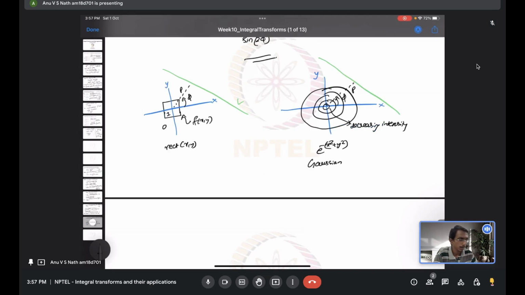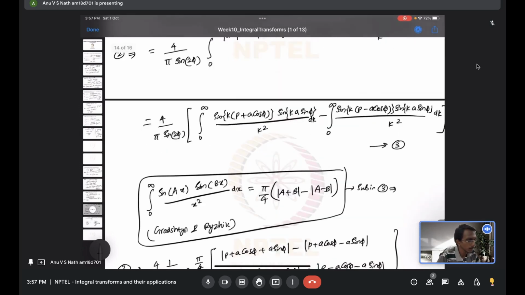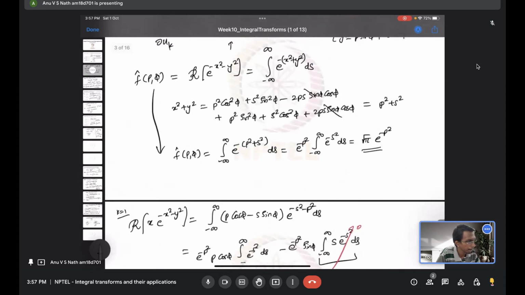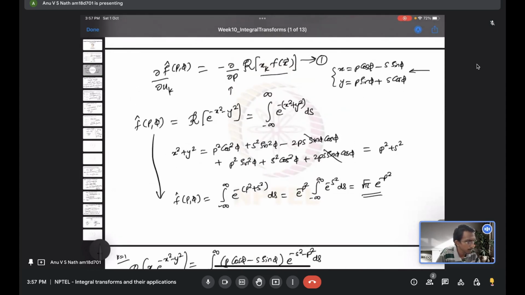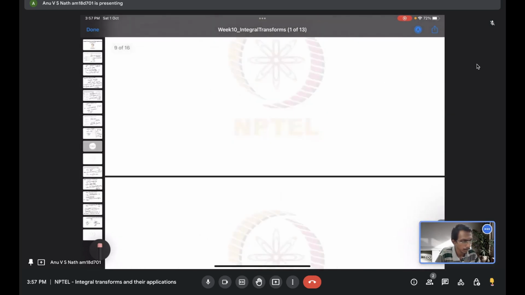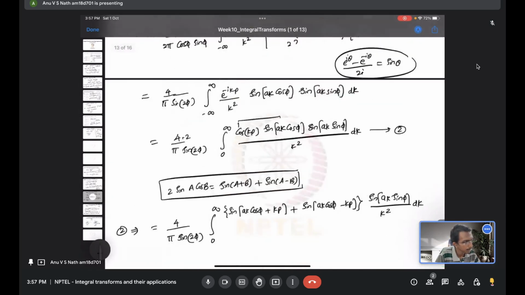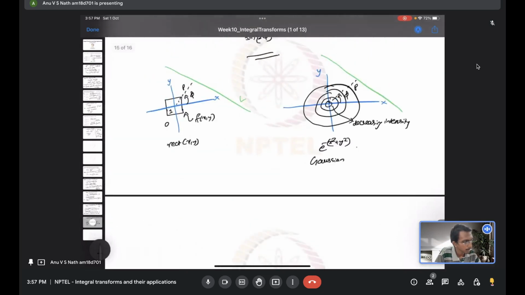Let me recall the expression for the Gaussian, which is root pi times exponential of minus p square, right? So it transforms to root pi times exponential of minus p square, which is also a Gaussian, and which is independent of phi because of the symmetry.